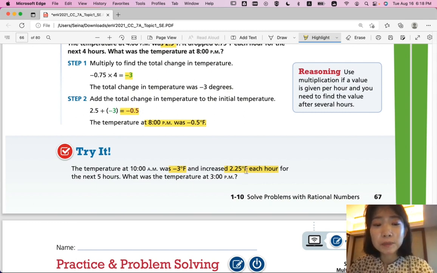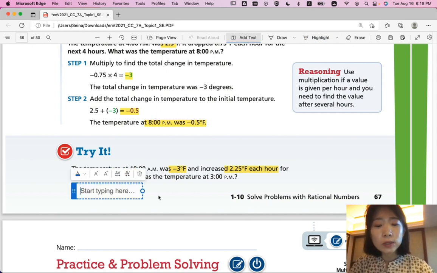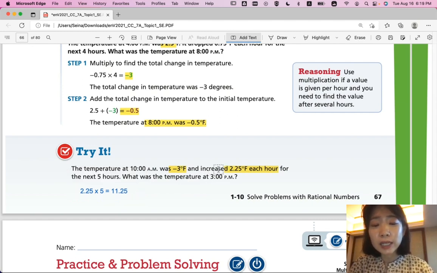Okay, are you ready? You're doing the same thing. So multiply 2.25 by 5, and what do you get? 11.25. So 11.25 is added because it increased, right? It's added to negative 3.